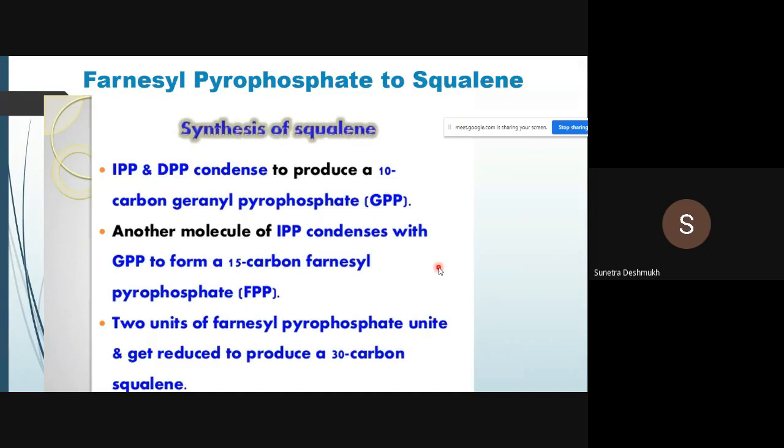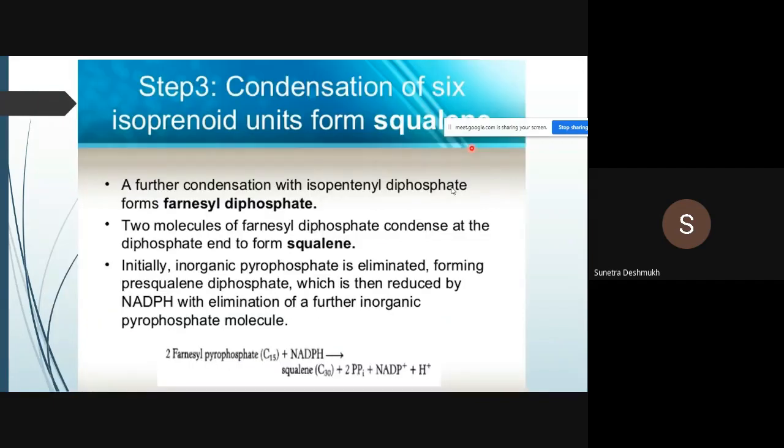Once we get geranyl pyrophosphate, another molecule of IPP condenses with the GPP to form the 15 carbon farnesyl pyrophosphate, FPP. Then 2 units of farnesyl pyrophosphate unite and get reduced to produce the 30 carbon squalene. Let's see now how to convert it.